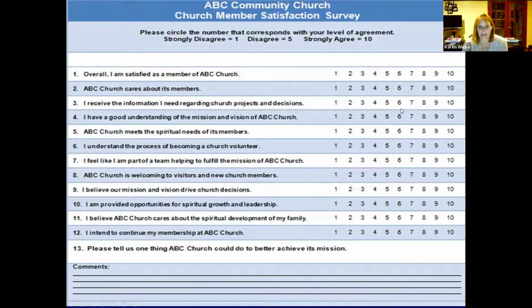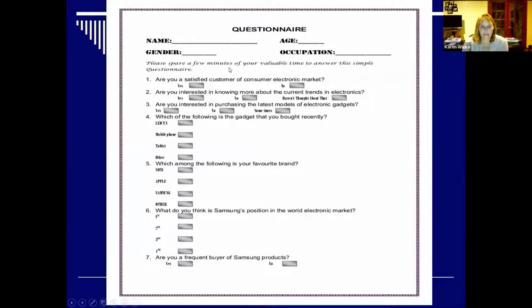And you could list them like this. Sometimes you have check boxes. A lot of times your variables are going to be set up in this way. One might say, which of the following gadgets have you bought recently, and then you give them a list and they only check the ones that apply. A lot of times your variables are this way: check your age range, and then you have the age ranges listed and you just check the one that's appropriate.